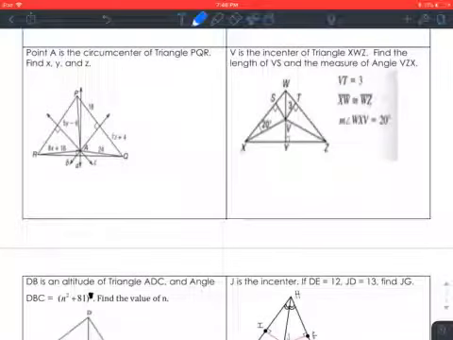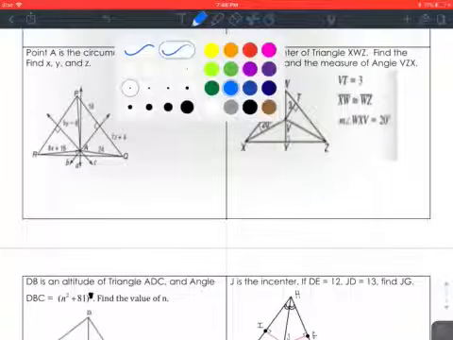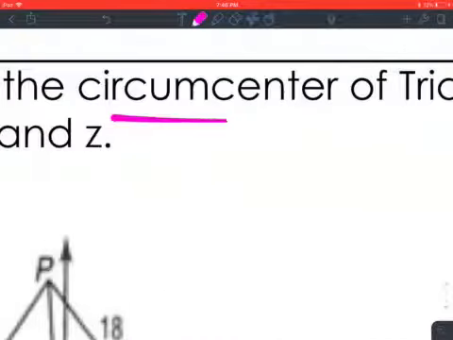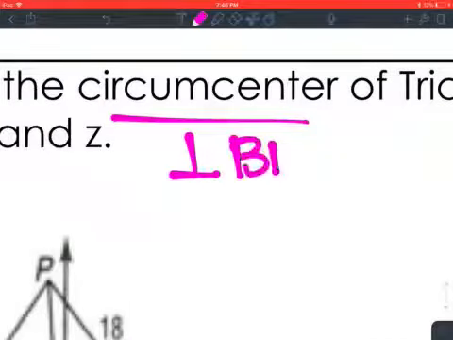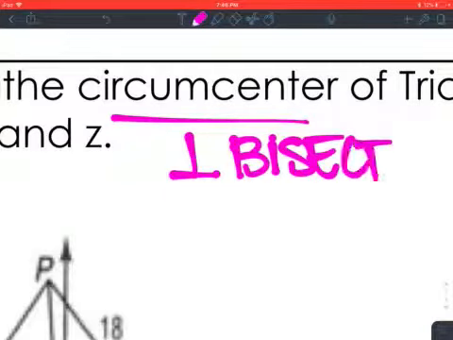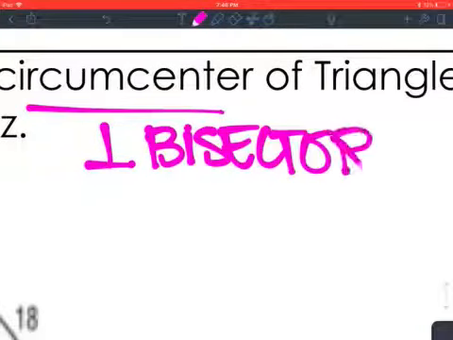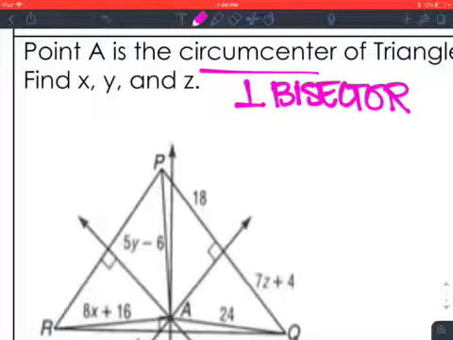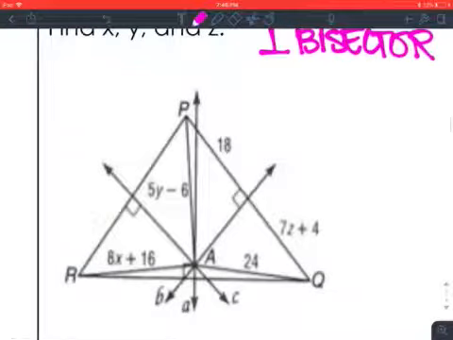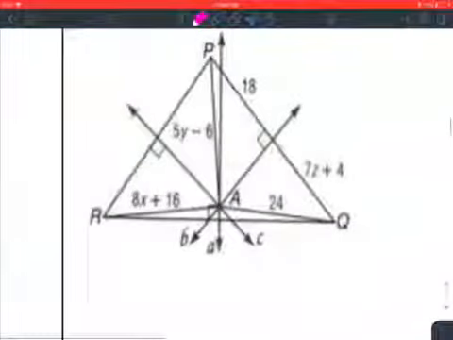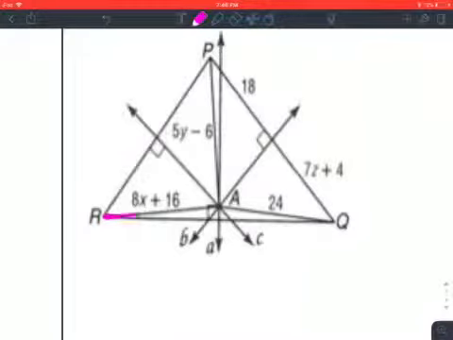Now, our third one in this section is, once again, we are dealing with circumcenters, which means that we're dealing with perpendicular bisectors. And perpendicular bisectors, when they meet at the circumcenter, are equidistant to the endpoints, just like the last question. So A is our circumcenter, which means that A to R, A to Q, and A to P are all congruent.